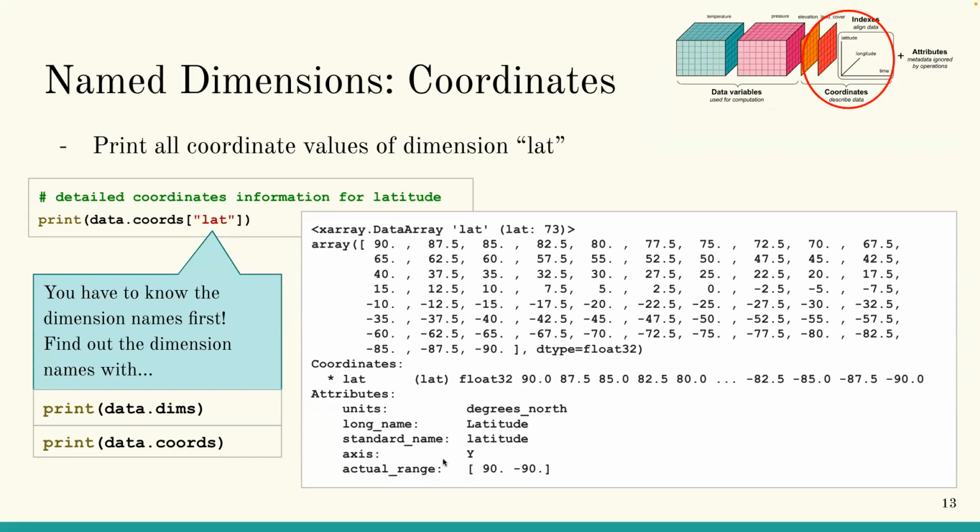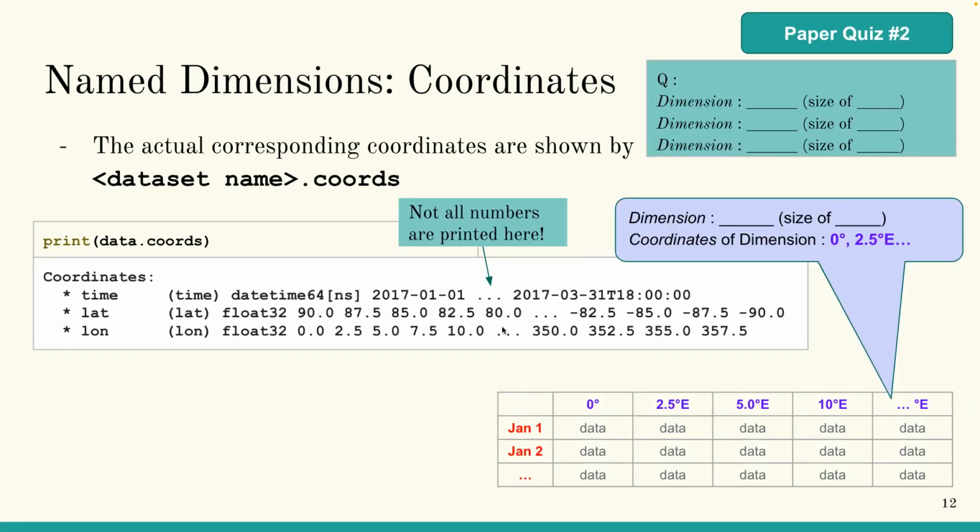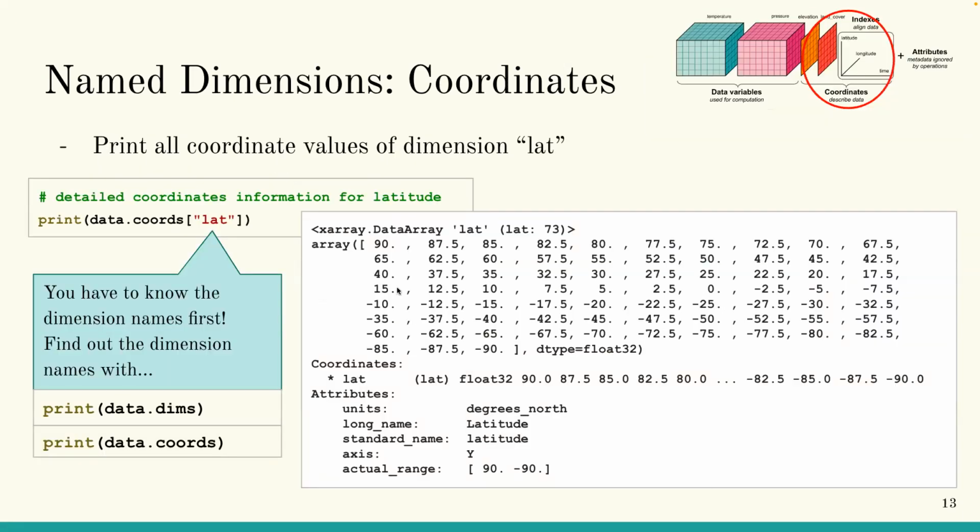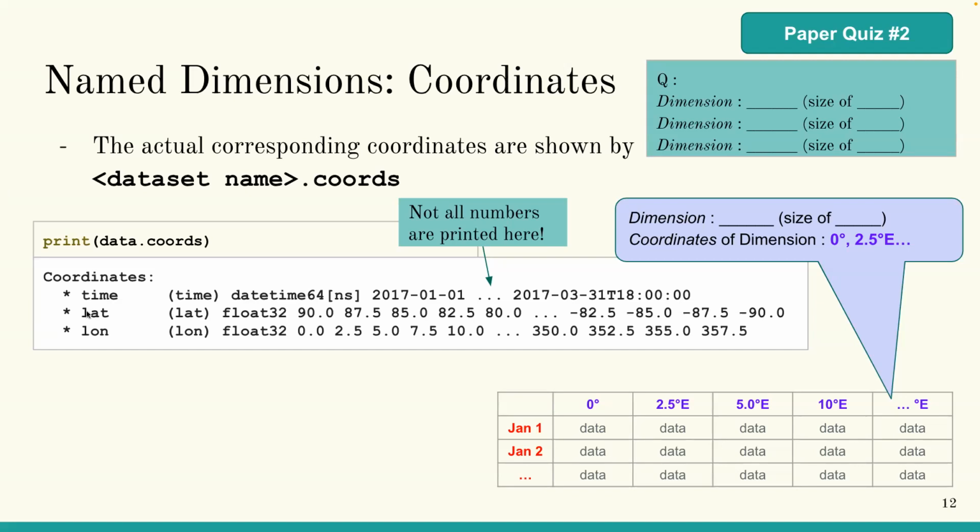The problem here is that we don't know all the numbers. So how do we print all the numbers? Data dot coords, and then you specify which dimension. So you need to know the dimension name. We know that the dimension names are time, LAT, sometimes it's latitude, the long version, and here LON.